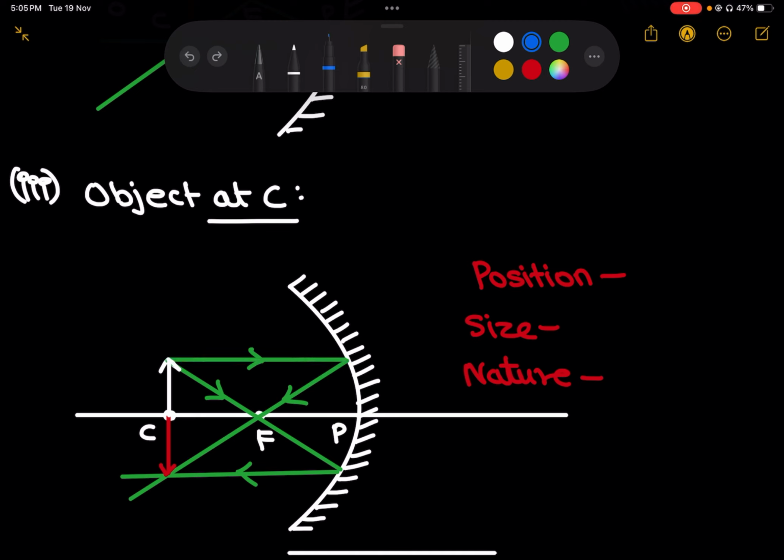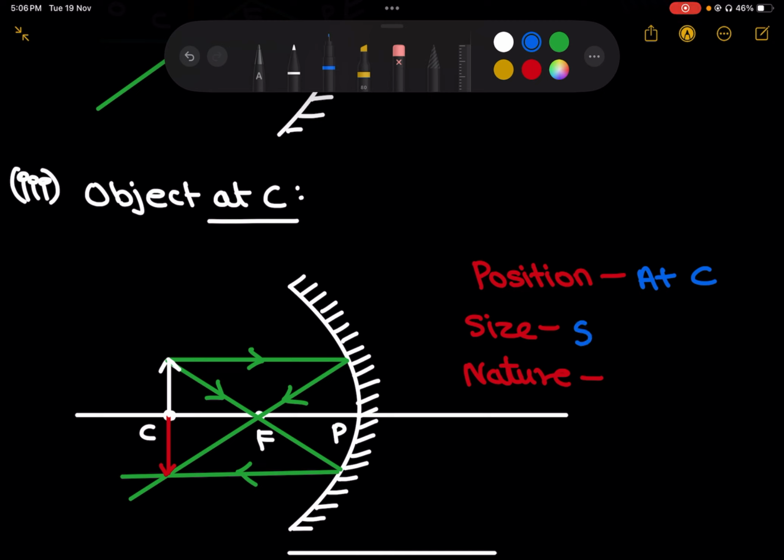So this is a special case, I'll say. It is a very, very special case because the image is also formed at the center of curvature. So here we'll write the position at C. The position will be at C. The size will be exactly the same.